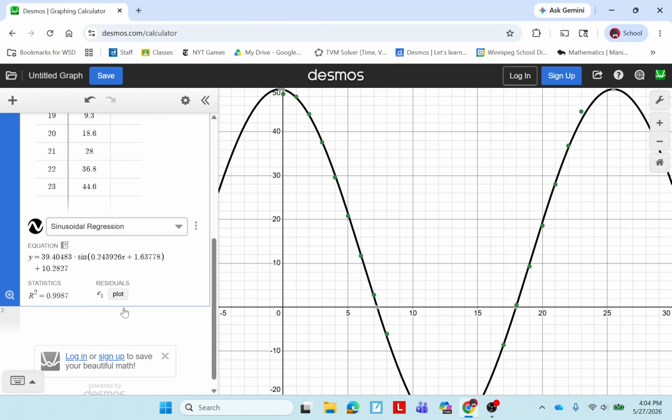So I'm going to write it down here, y equals 39.40 sine bracket 0.24 x plus 1.64 close bracket plus 10.28. All right, and I'm going to flip back to the notes so you can write that down as well.